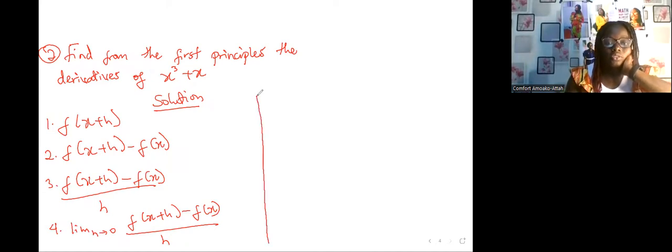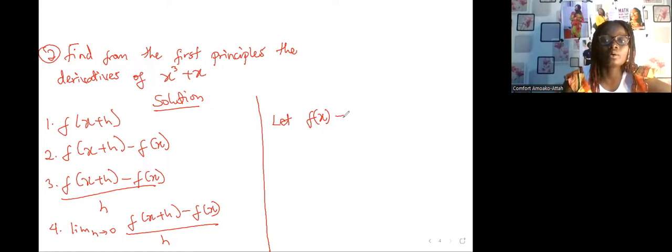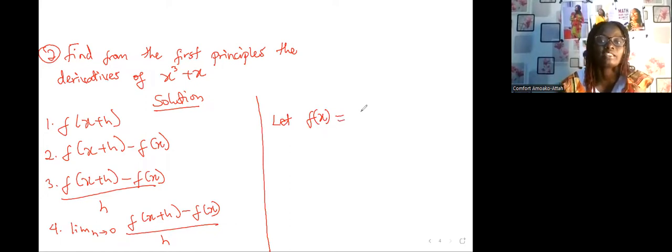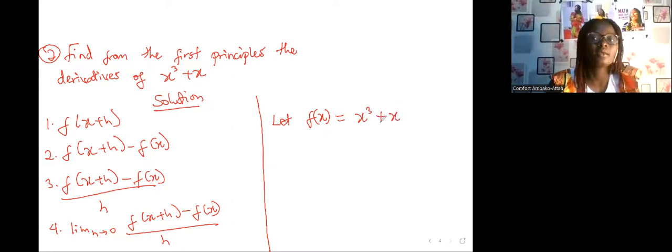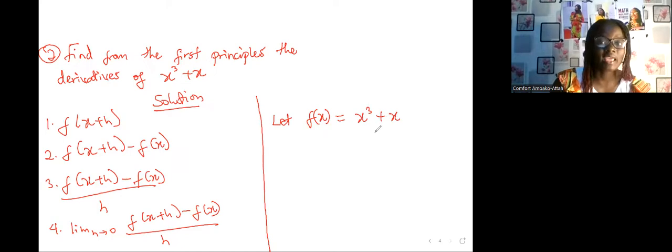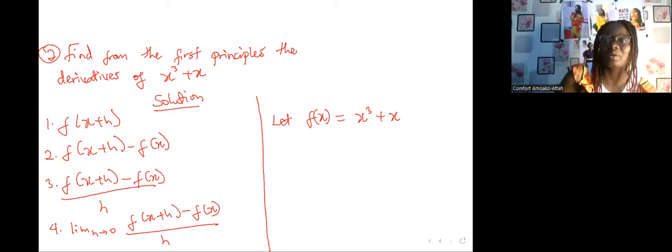So now let's go step by step. The first one, I will do this first. That is, let f of x be what? Let f of x be x cubed plus x. Okay, and what's next?